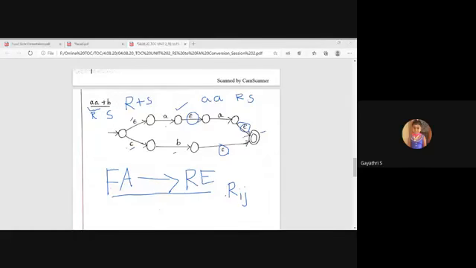Definition of regular language, which is the first topic in the second unit. Please unmute your mic and tell me the answer. At least post your answer in chat box.